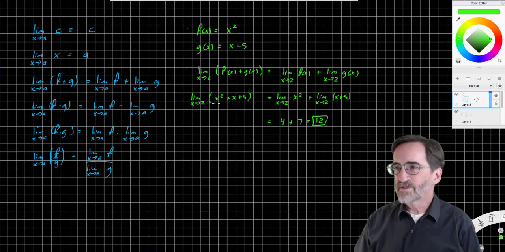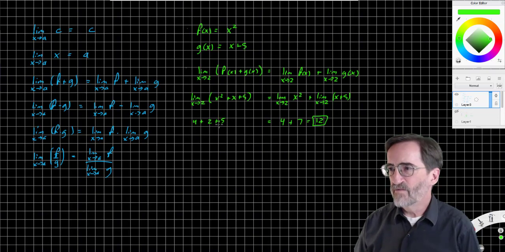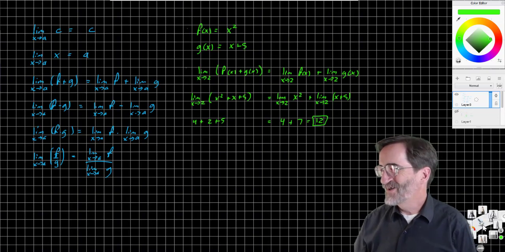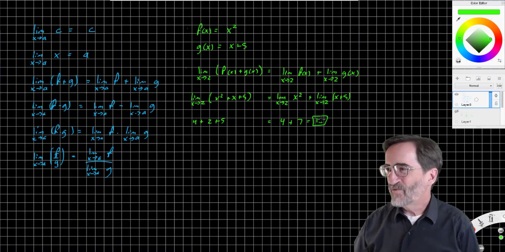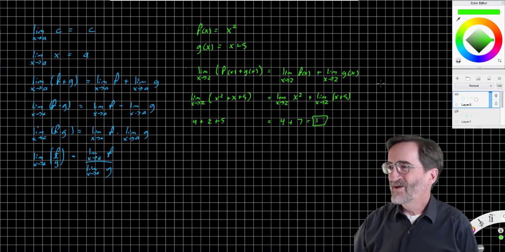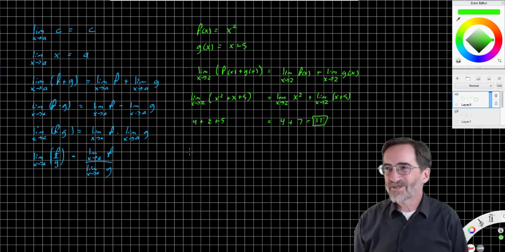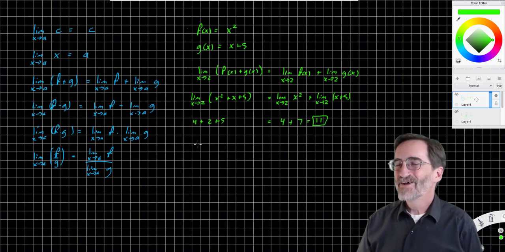Directly substitute: 2 squared is 4, and 2 plus 5 is 7, and 4. 7 and 4 is not 12. Oops, 7 and 4 is 11. All right. How many were screaming at the camera? Mr. Nozick, you've goofed. All right.